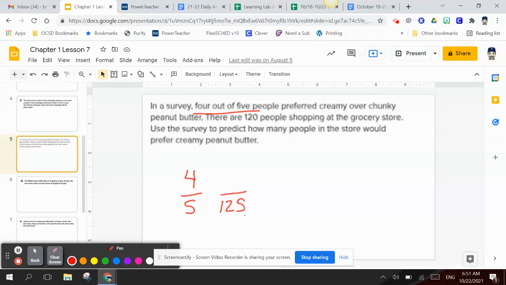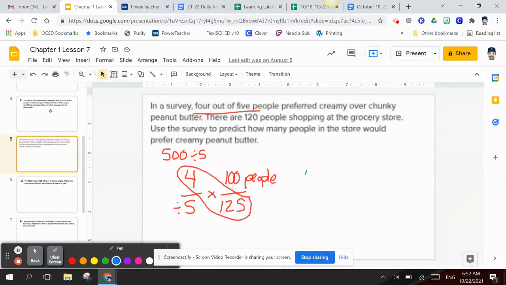So I can do this again one of 2 ways. I can cross multiply. 125 times 4 is 500, and then divide that by 5. 500 divided by 5, that would be 100 people.